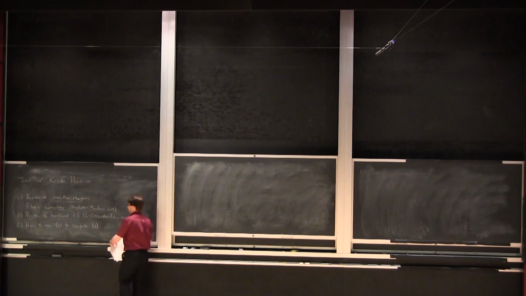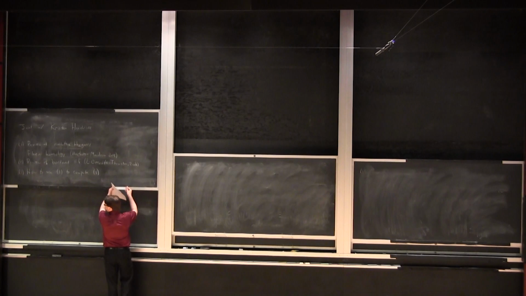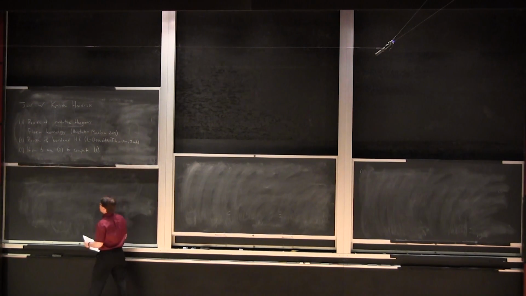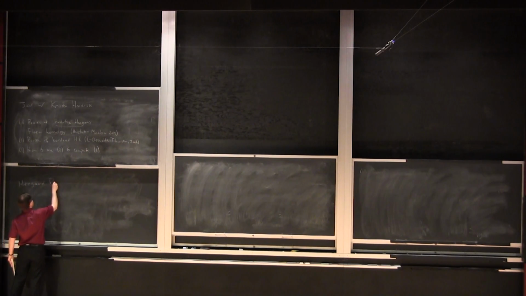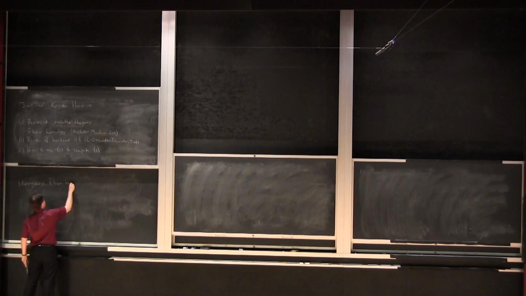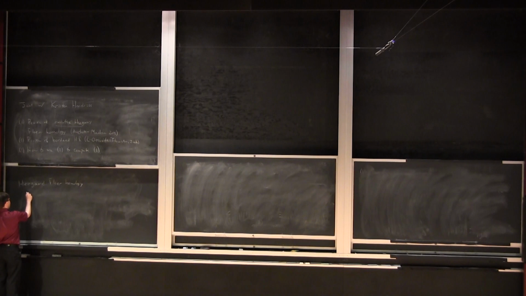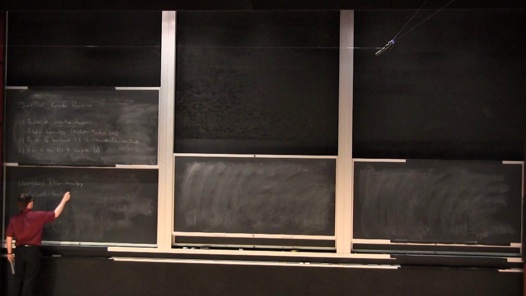So, Heegaard Floer homology, which is a locally grown family of 3-manifold invariants due to Peter and Zoltan from roughly 2000.